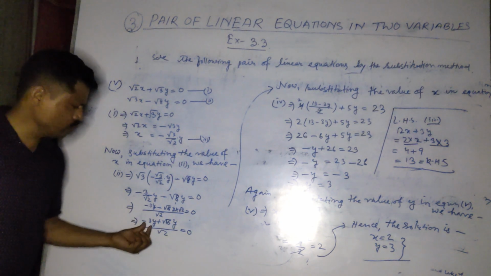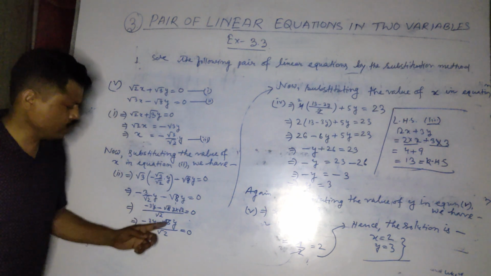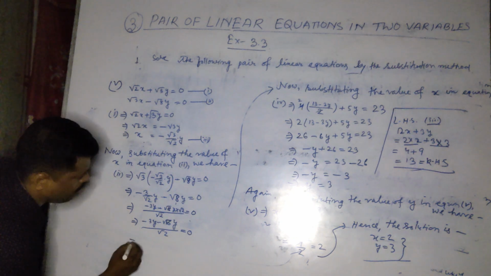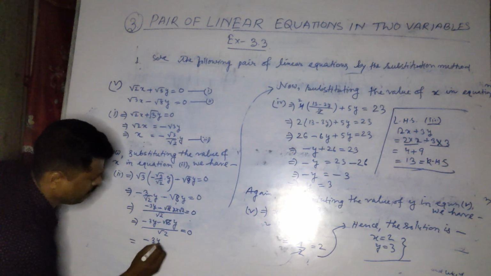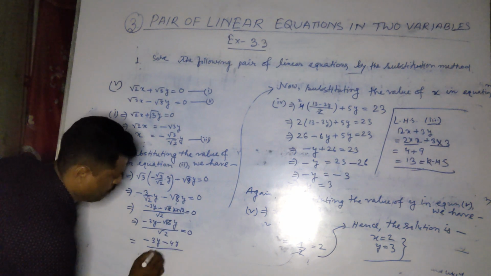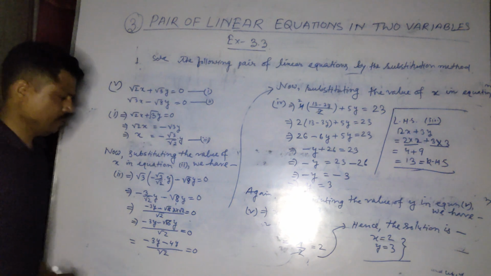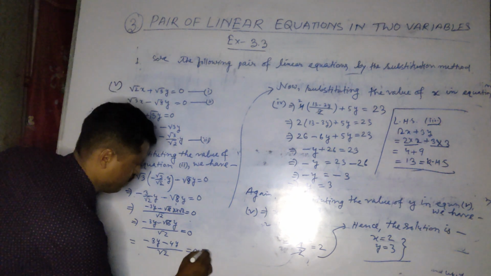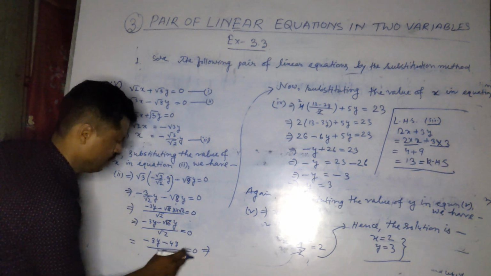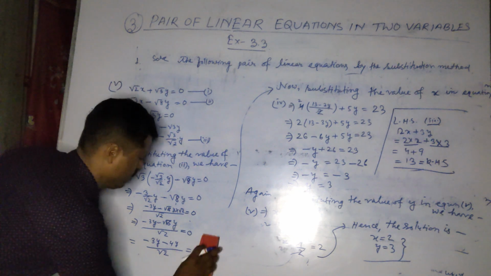So here minus 3y, and root 16 means 4y, divided by root 2 is equal to 0. From here we can write root 2 into 0, that means what we will get here?